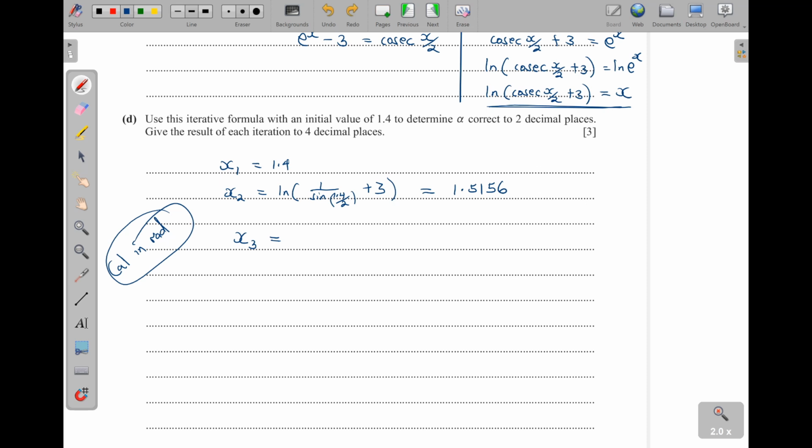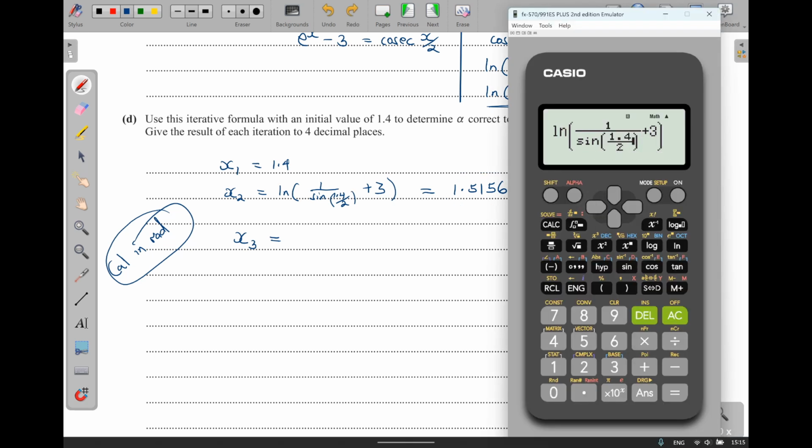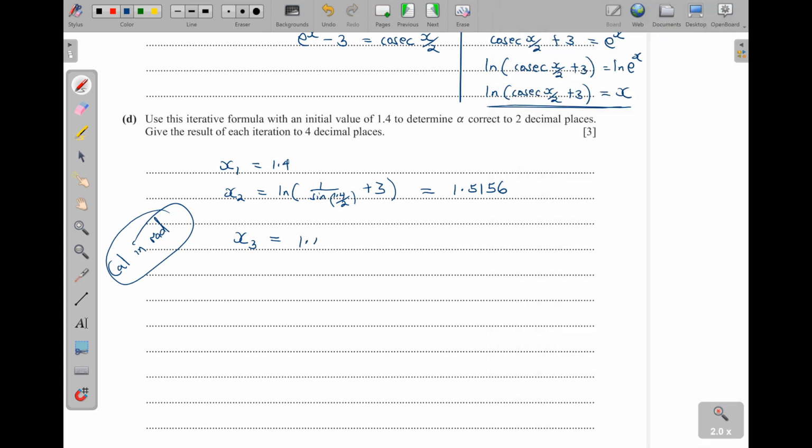So I'll come back to my calculator, and where there is this 1.4, I'm going to put this value, 1.5156. Don't use the answer key. That gives 1.4940.